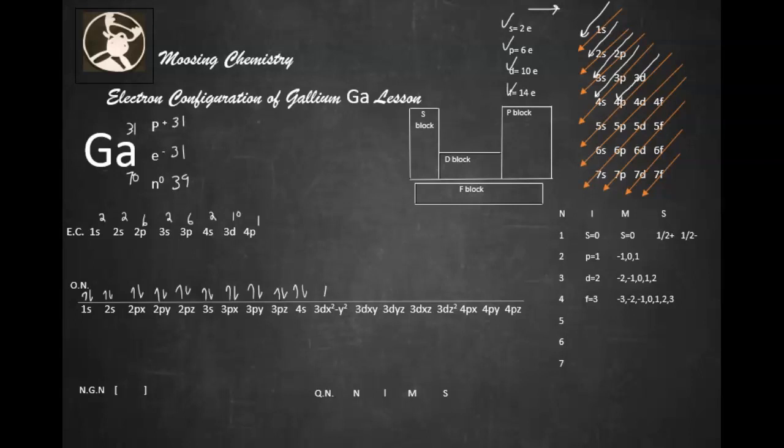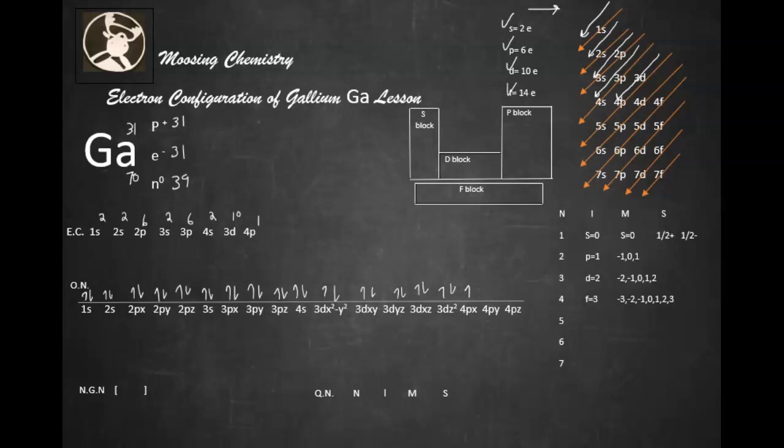Watch this. 1, 2, 3, 4, 5, 6, 7, 8, 9, 10. Now we only have 1 electron left, and that's 4p1. Yes, you have to have all those other suborbitals with it, because remember, electrons have the ability to get excited, and they can jump suborbitals or orbits.